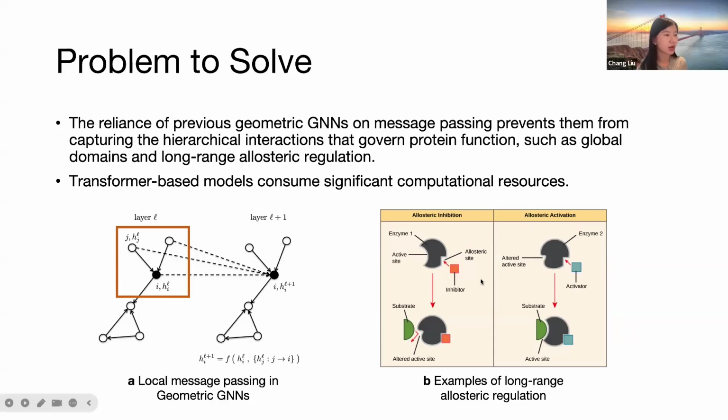We can see that the allosteric site is some distance away from the active site of this protein. So if we only use the traditional graph neural network, our model would be limited due to its local perceptive field. On the other hand, transformer-based models would consume significant computational resources because they build a fully connected graph, no matter what kind of protein structure we input into the model.